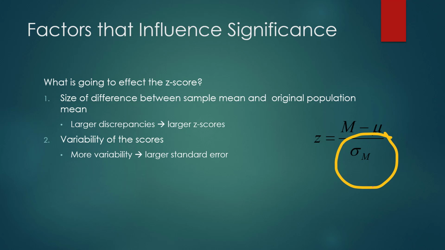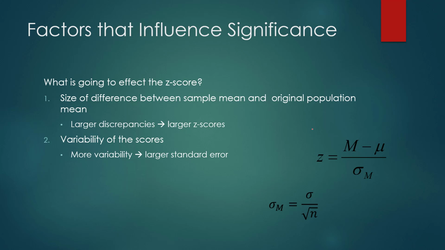The bigger the variability, the larger the standard error. Also, if you think about the numerator's relationship to the denominator, the numerator gives you the measured difference between the sample mean and the population mean, and it's comparing it to this expected difference. The bigger this ratio ends up being, the more likely your treatment had an effect and you'll reject your null hypothesis. So if your measured difference is significantly bigger than your expected difference, you're going to get a big z-score and be more likely to reject the null hypothesis.